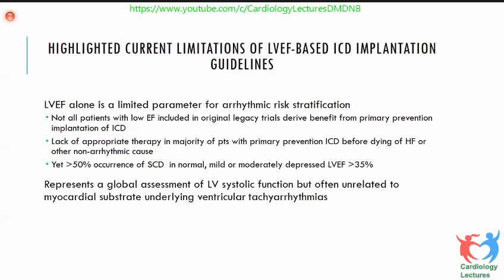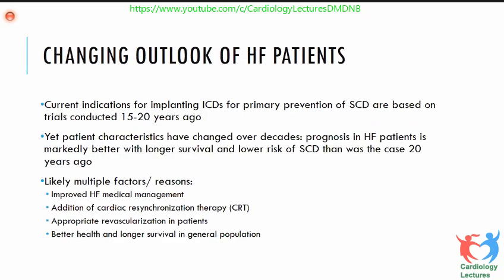And yet there is more than 50% occurrence of sudden cardiac death in those with normal, mild, or moderately depressed ejection fraction, more than 35%. So I'm sure our panelists, the cardiologists, have similar experience to what we are facing currently in real clinical practice.